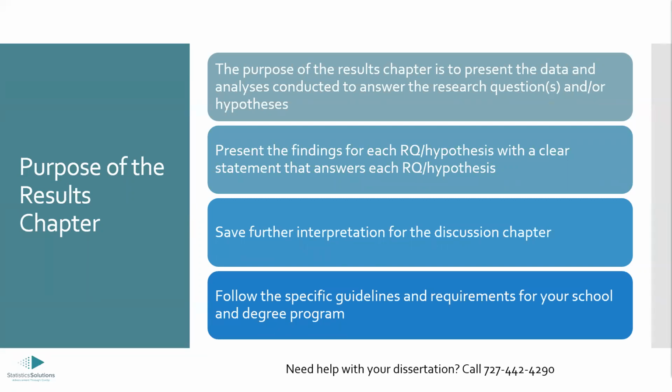It's possible that your school may require different sections, they may require more sections or fewer sections, or the sections that they want may contain slightly different information than what we present today. You want to make sure that you defer to your specific school and degree program's guidelines for formatting and completing your results chapter.